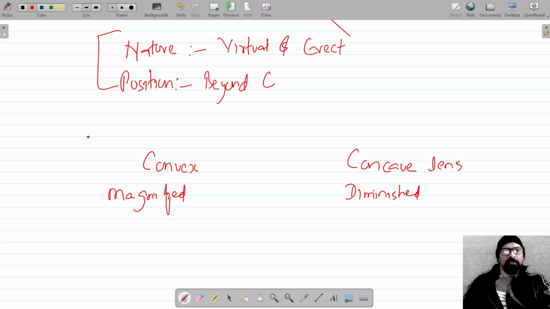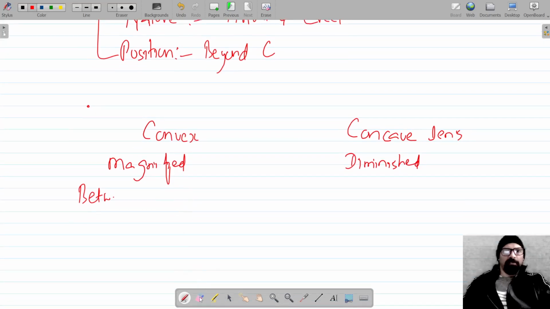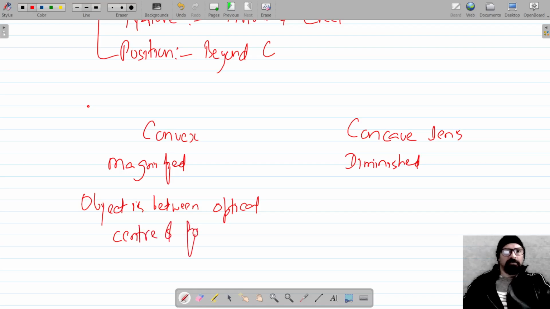Here in case of convex, the object is between the optical center and the principal focus.